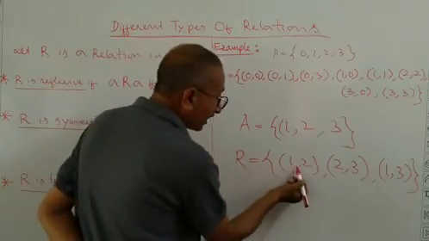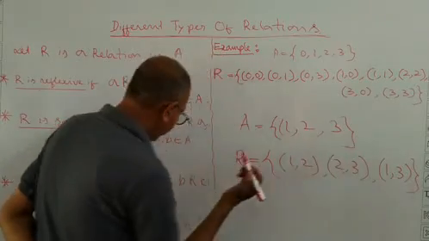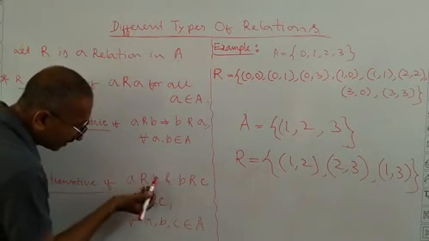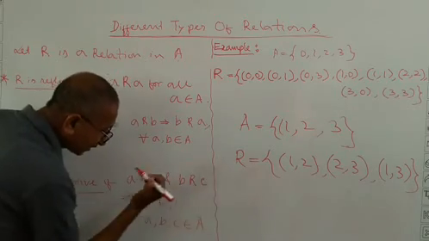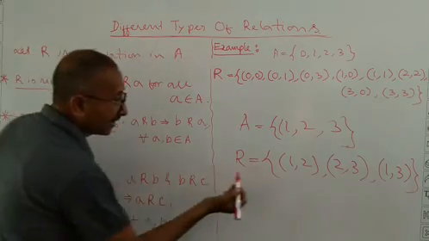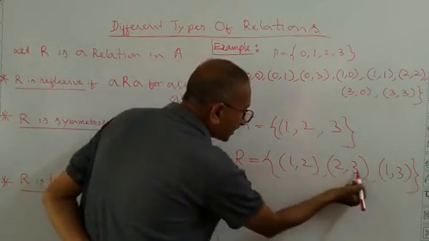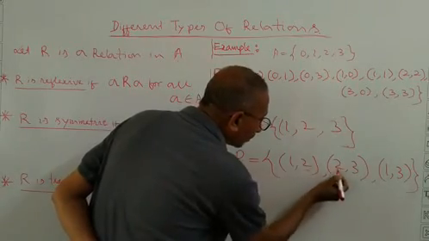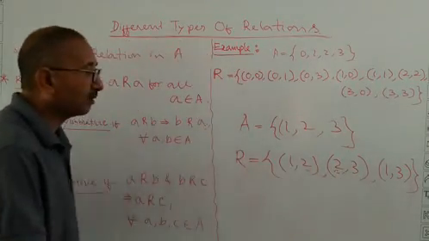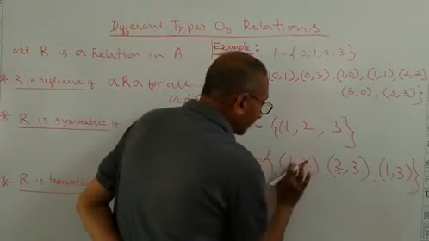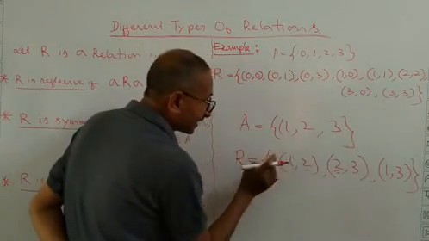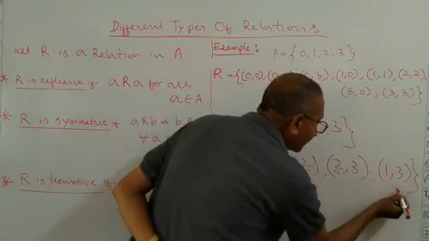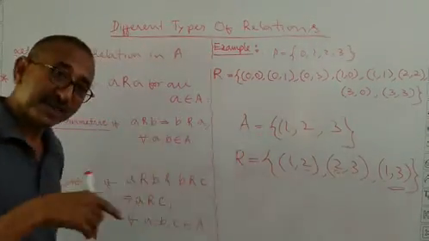Now you see, 1 is related to 2, 2 is related to 3, A is related to B, B is related to C, B will go out. If A is related to C, then we say it is transitive. 1 is related to 2, 2 is related to 3, 2 will go out. So (1,3). If 1 is related to 3, then we can say it is transitive. If (1,3) is here, 1 is related to 3, so it is transitive.